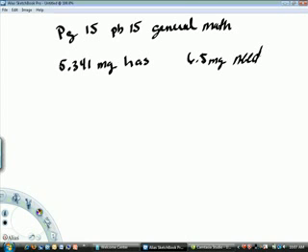Subtract it. So I line up my decimals, right? 6.5 is the larger number. When you do subtraction, the larger number goes on top. 6.5 is larger than 5.3. So line up the decimals like that and subtract them.